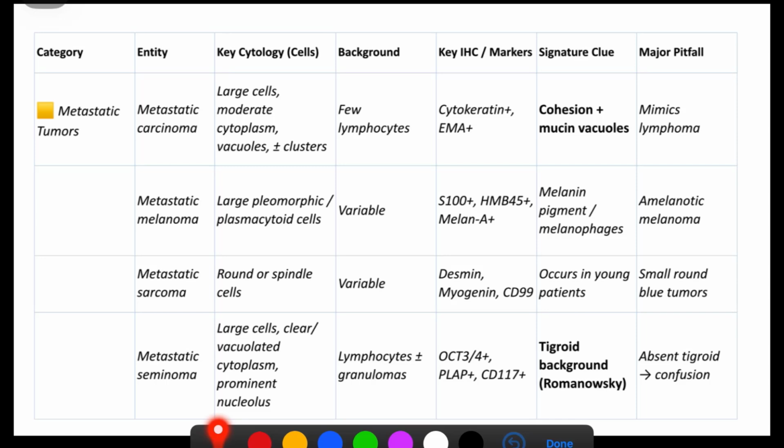So save this, revise it, and you will never miss the answer in your exams or practice, and you can have an easy diagnosis of lymphoma on the basis of pattern. So here you can identify monotonous small, monotonous intermediate and monotonous large cell patterns on the FNAC smear, and you can differentially diagnose your lymphoma.